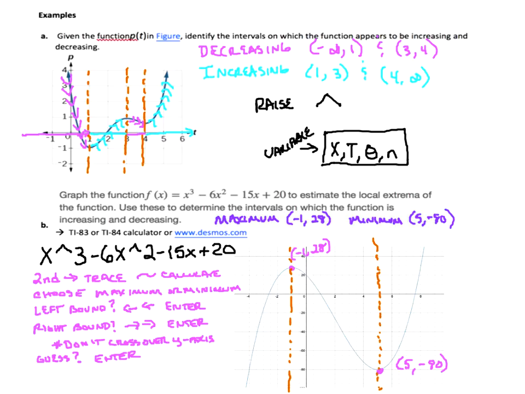Then it says, use this information to determine increasing and decreasing intervals. So I'm going to come back and mark my intervals. So we'll start with increasing.